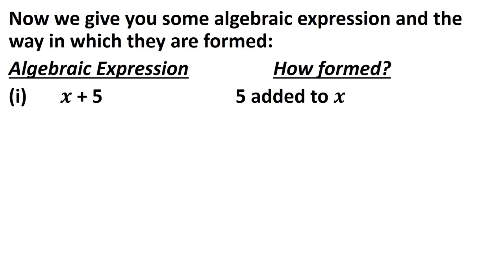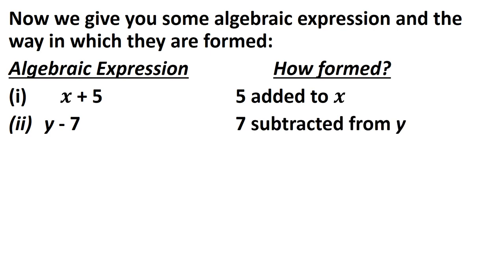Means if it is given to us 5 added to x, then what algebraic expression will you write down? You will write down x plus 5. If the algebraic expression is xy minus 7, then how has it been formed? 7 is subtracted. So you will write down 7 subtracted from y.